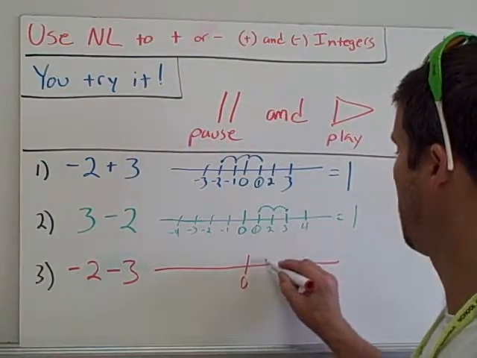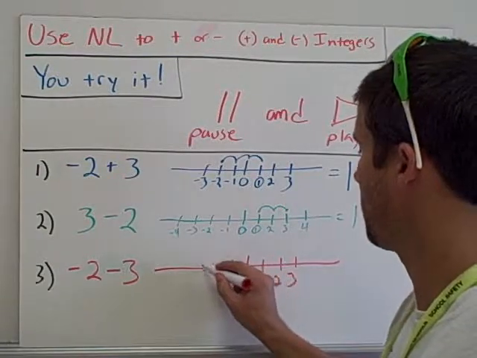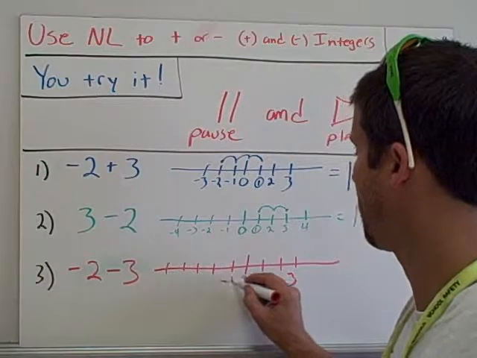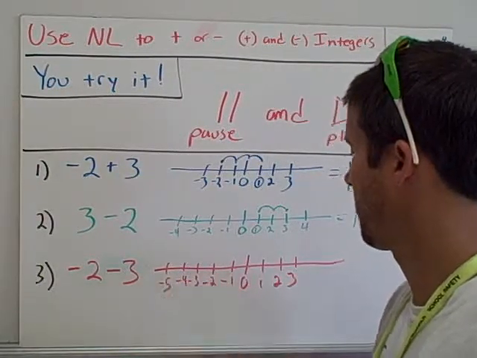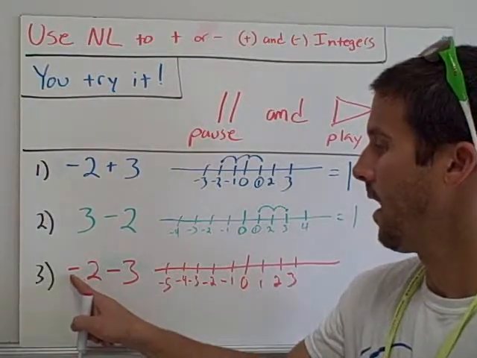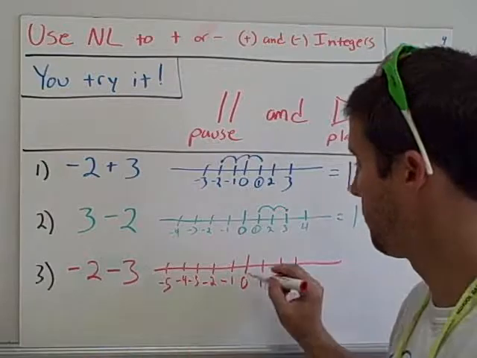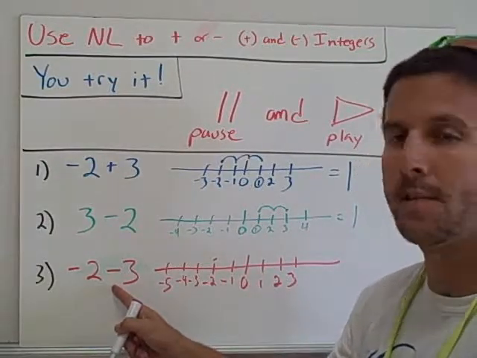I have a 0, 1, 2, 3, and a negative 1, negative 2, negative 3, negative 4, negative 5. All right. I'm starting at negative 2. And it says minus 3.